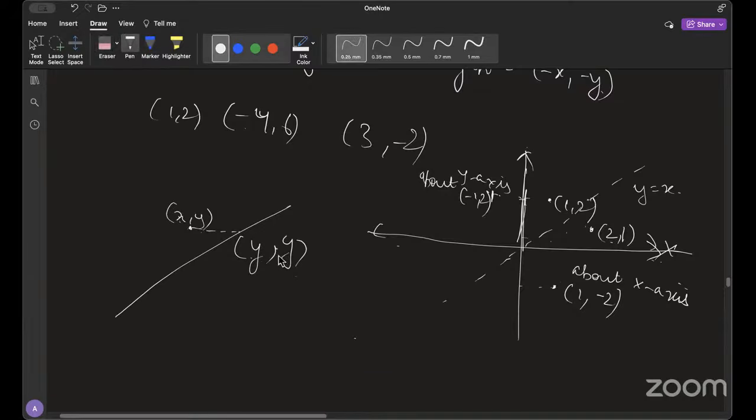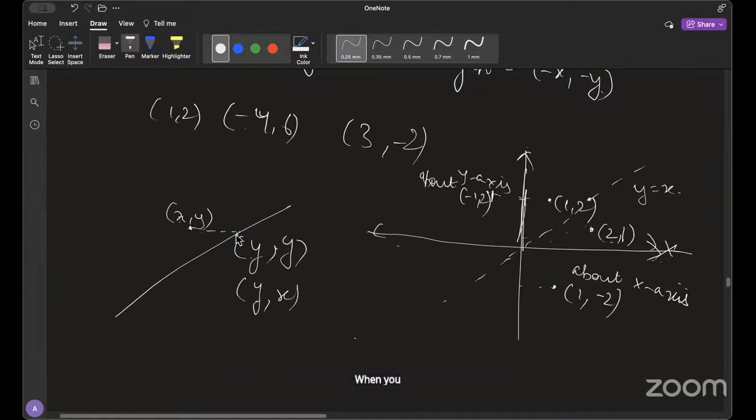This point is going to be 2, 2 if it's shifted on this line. And then you keep this thing as is. So the point 3, 2 will become 2, 3. This point xy first becomes yy when it's shifted to this line, and then it becomes yx.